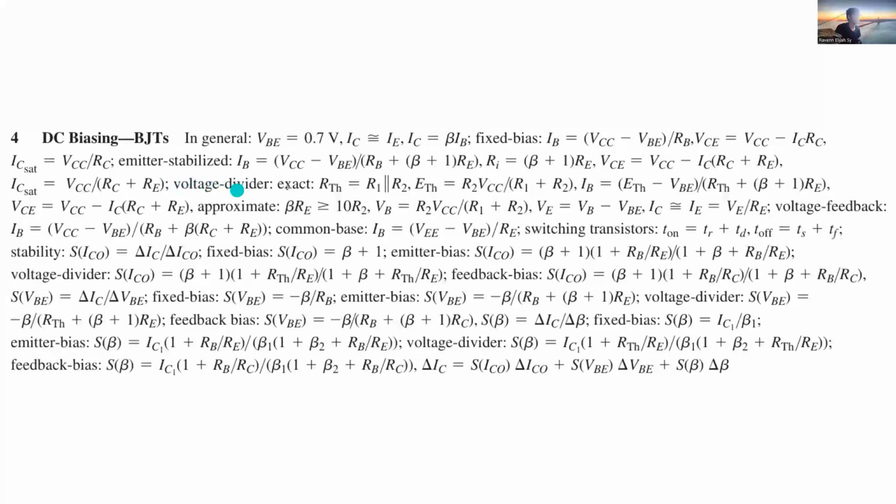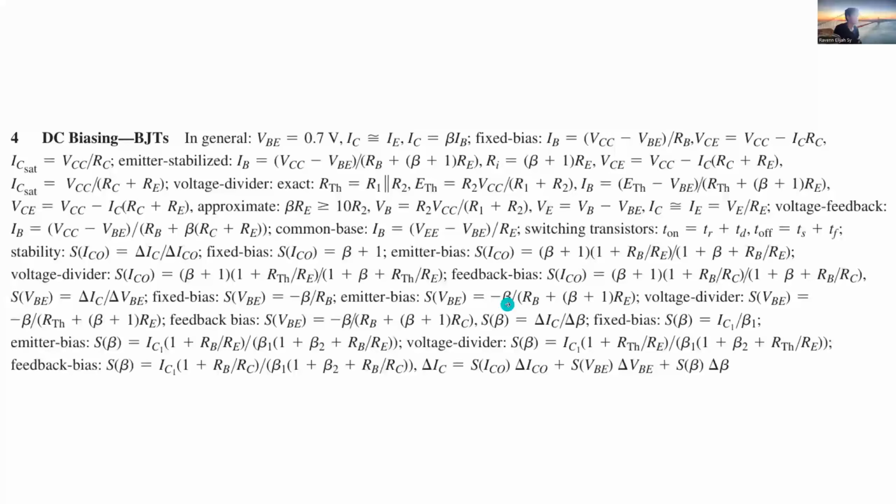And then next, another DC bias is the voltage divider bias. For getting the exact parameters or values, we have two different sets of formulas. We get the RTH, IB, VCE, and then we have the approximate as well for computing the parameters: VB, VE, IE, IC, and then the others as well.